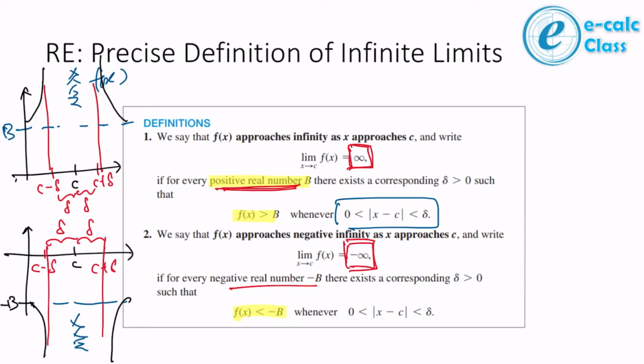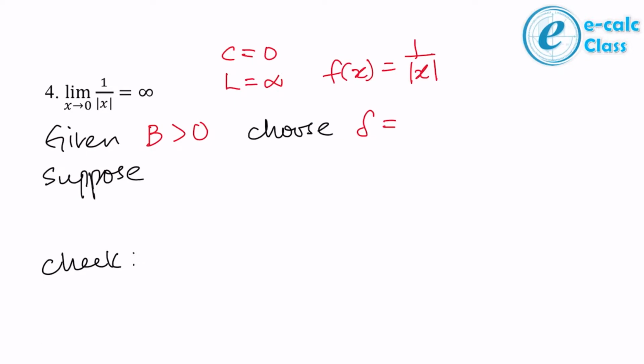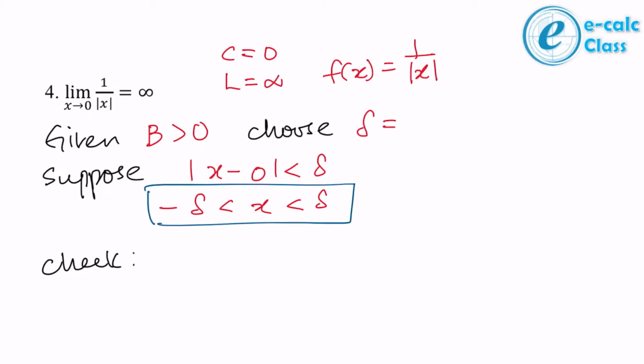Okay, x minus c in between 0 and delta. 0 less than absolute value of x minus c, like this, right? Which is very nice. I should have ignored this, I told you. Okay, then this is actually negative delta less than x less than delta, and that's it. And we just have a very simple thing to compare later.